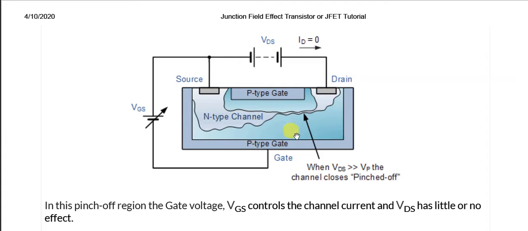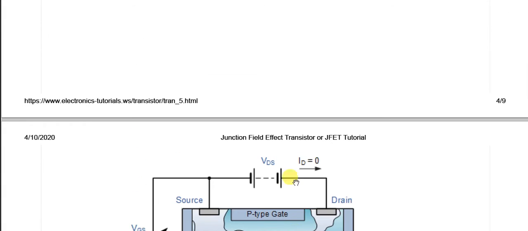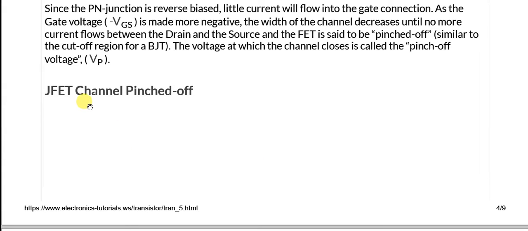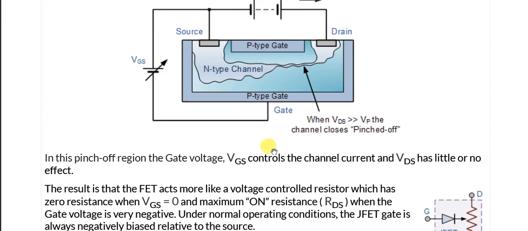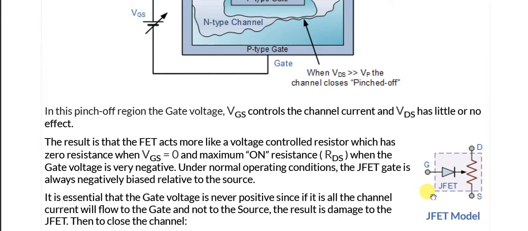At this particular stage we call the JFET channel pinched off, meaning that the voltage is equal to 0. So that is the typical equivalent JFET model, that drain to source there is a resistance which is controlled through the gate diode.